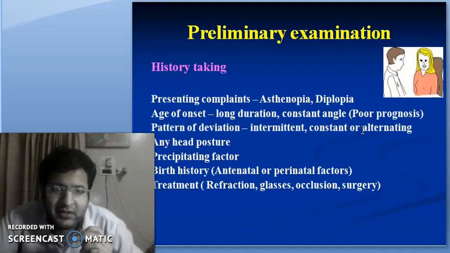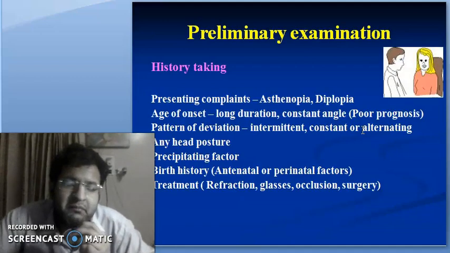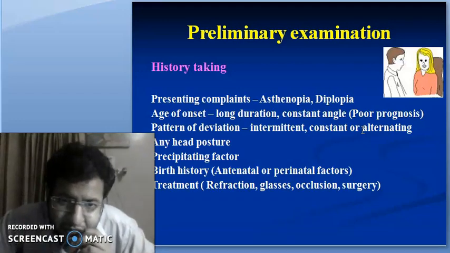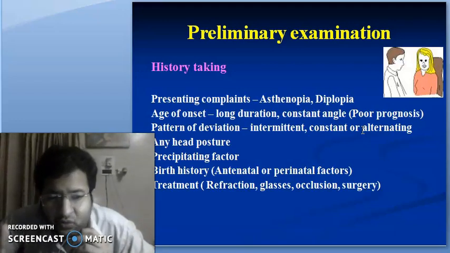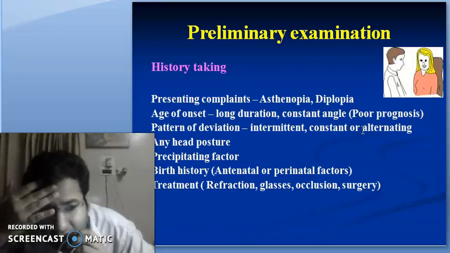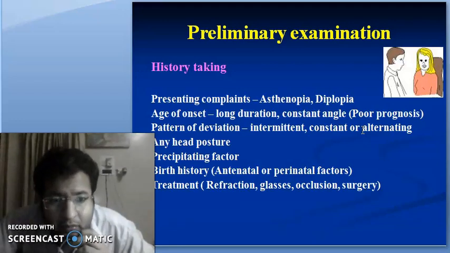What all examinations we have to do when a patient of strabismus comes to us. First is history taking. We have to focus on the presenting complaints, whether it is asthenopia, that is a headache over the forehead, or there is diplopia.